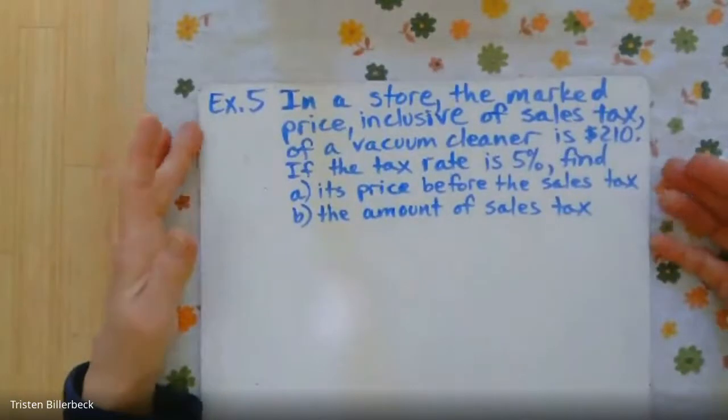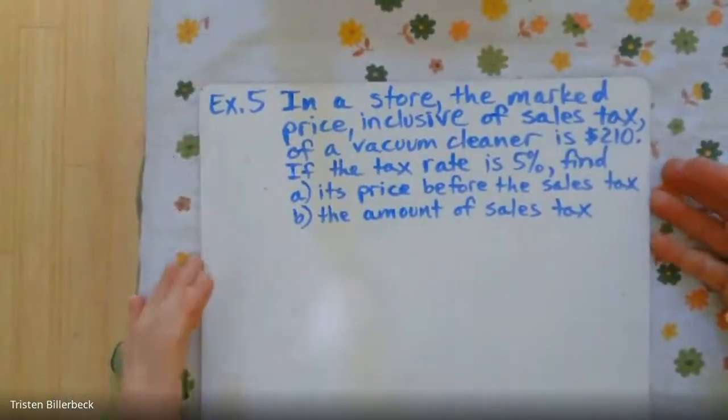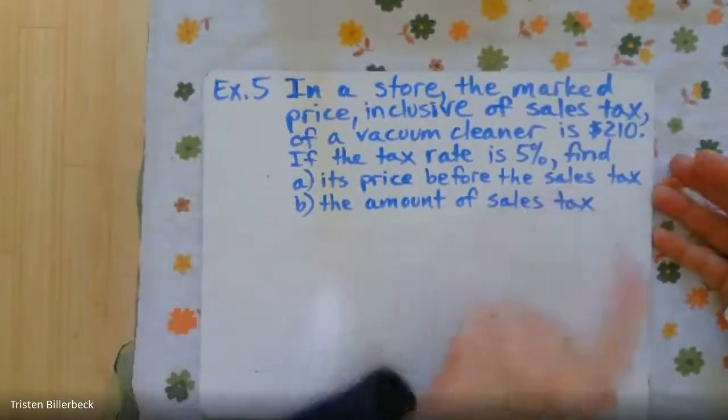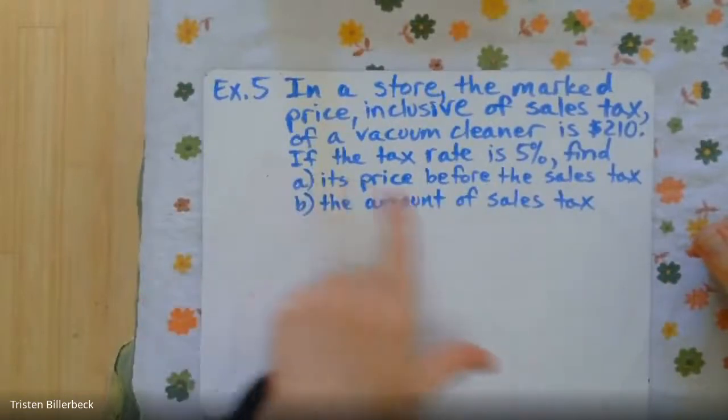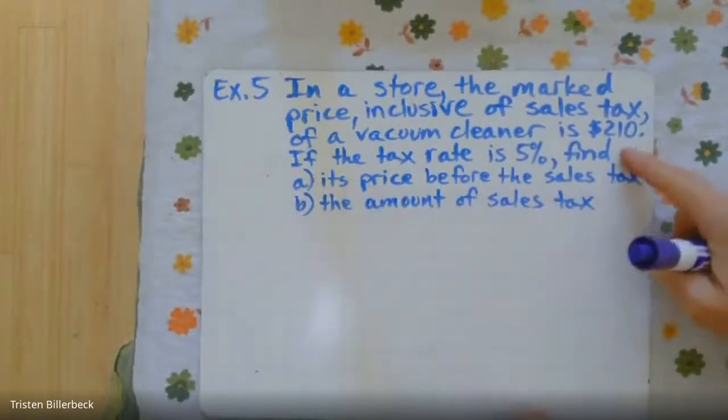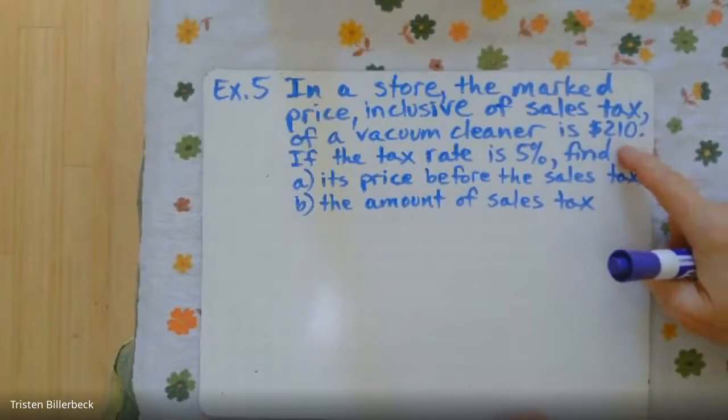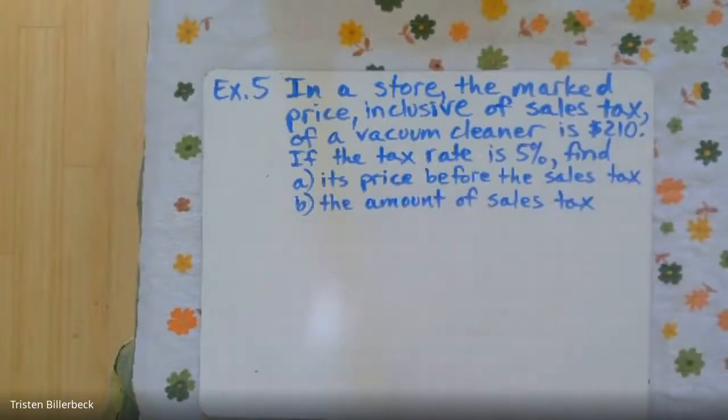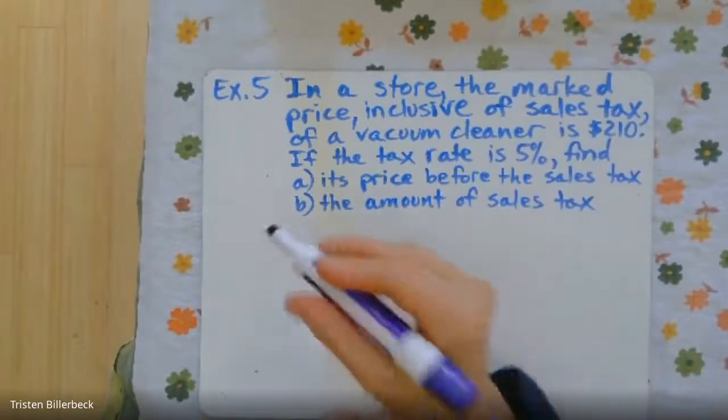In a store, the marked price inclusive of sales tax of a vacuum cleaner is $210. That means you've already got the tax included in the price. If the tax rate is 5%, find its price before the sales tax.